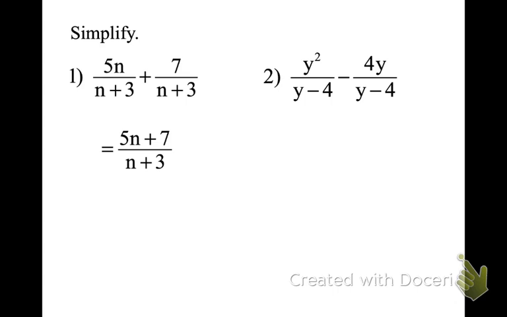Next one. We're going to have a y squared minus a 4y all over y minus 4. What do you think we could do with that numerator? How about Lily Mendel? Hold on. What'd you say?